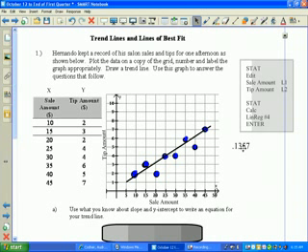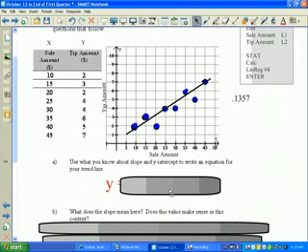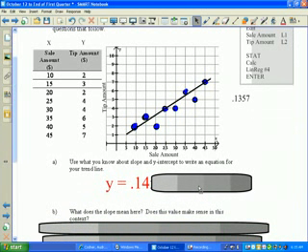So instead of 1.3 or 13 cents, I'm dealing with 1.4, which is 14 cents. So you got that 1.4, that's representing my rate of change, my slope.